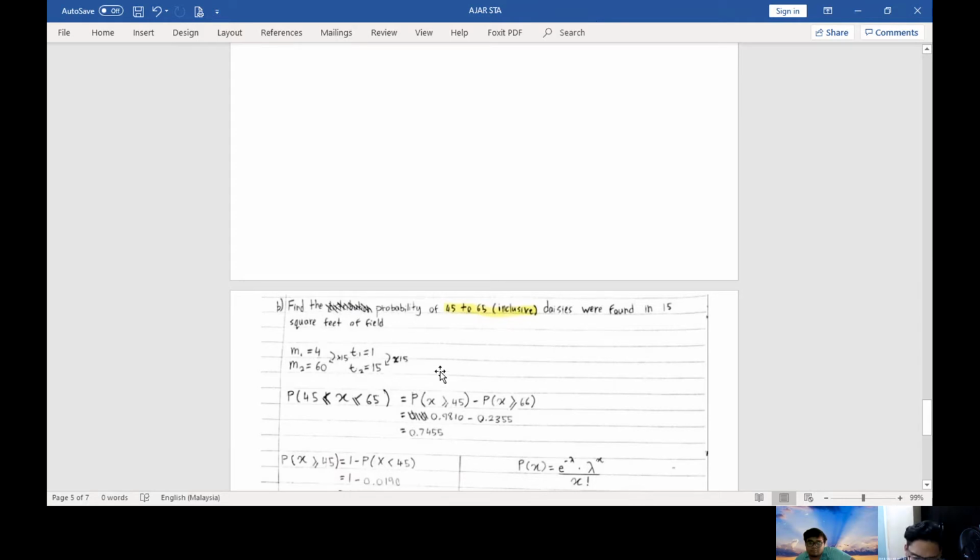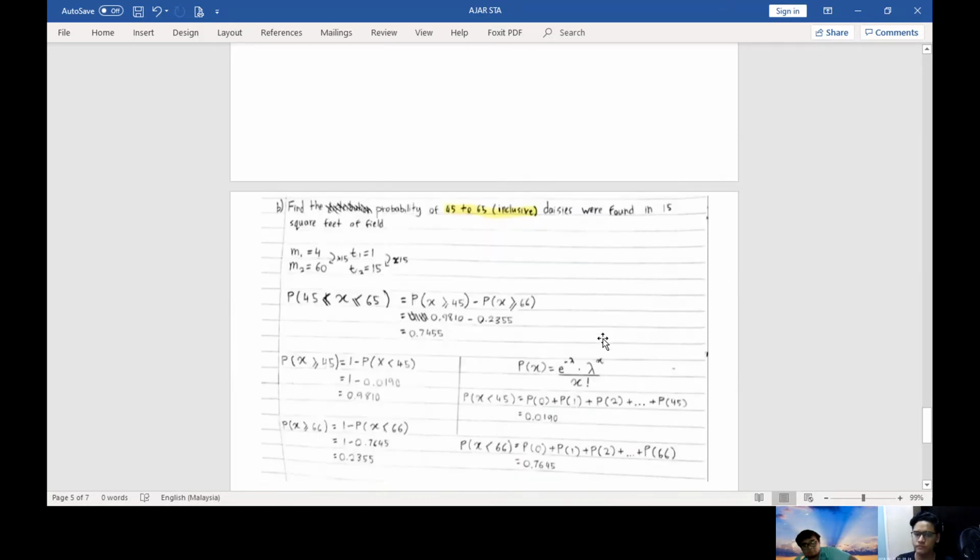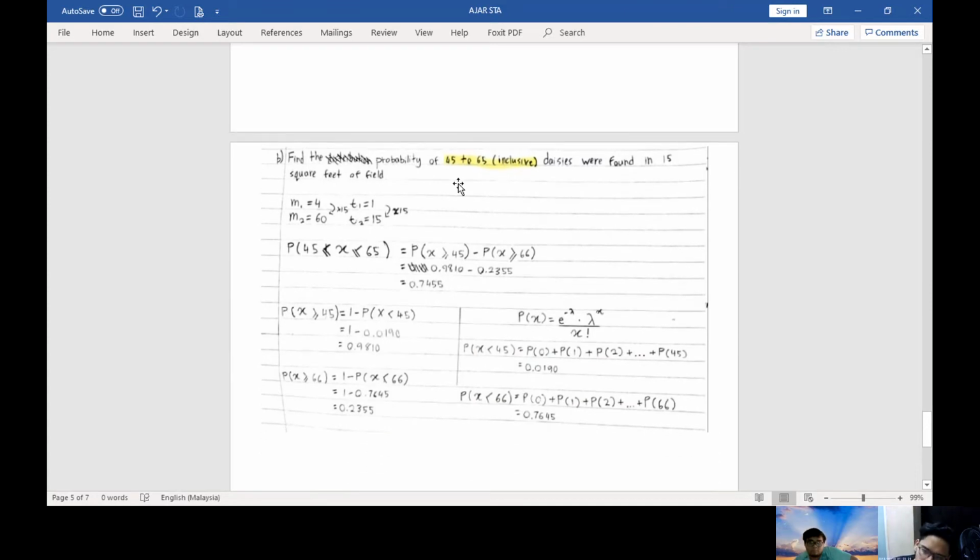So we need to multiply by 15, and we need to do the same thing to the mean. So our mean 2 here is 60. Based on 45 to 65 inclusive, we need to use this formula.